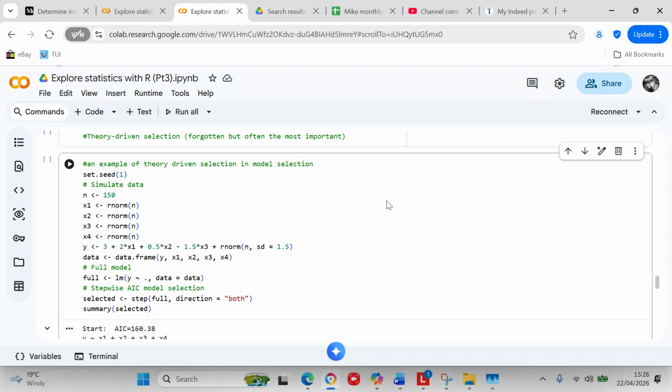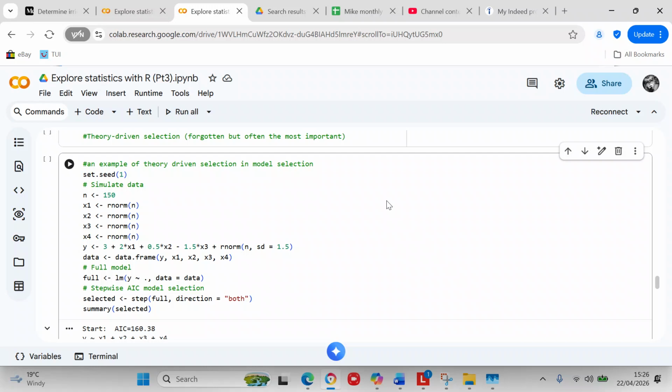x2 is rnorm, brackets n. x3 is rnorm, brackets n. x4 is rnorm, brackets n. So y becomes 3 plus 2 times x1 plus 0.5 times x2 minus 1.5 times x3 plus rnorm, which is a randomly sampled normal distribution of 150 samples with a standard deviation of 1.5.